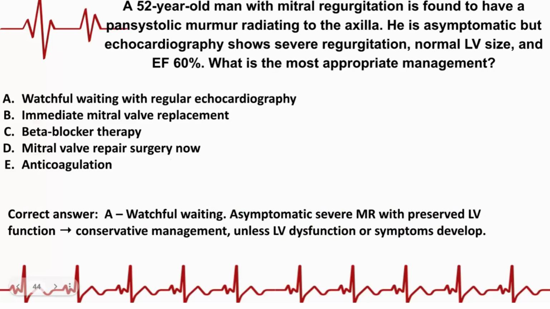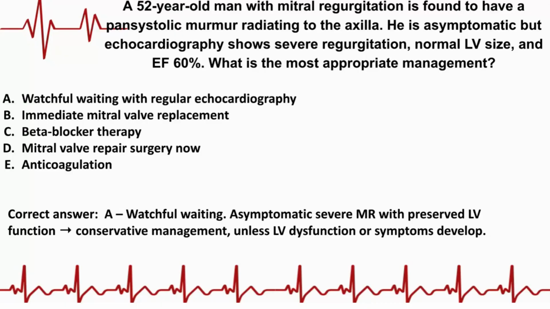Okay. Now, I saw one of my colleagues has written C, beta blocker therapy. That is something else that we can do. So we will medically manage this patient with anticoagulation and beta blockers anyway. I presume that because we already know he has mitral regurgitation, he's probably already on medication.